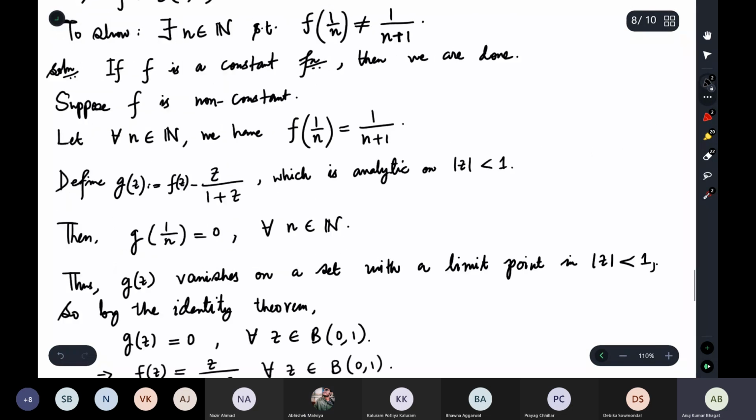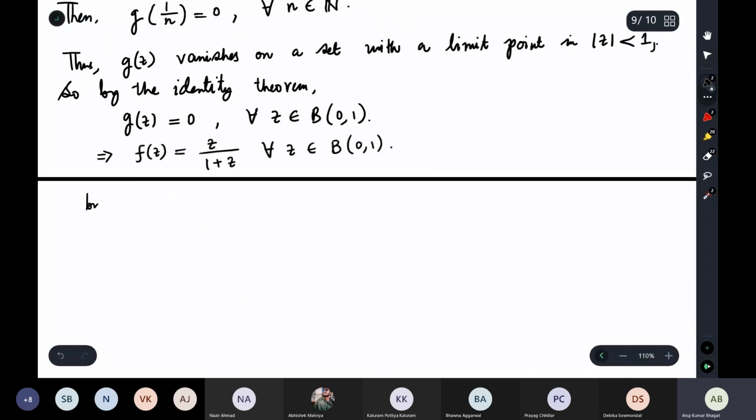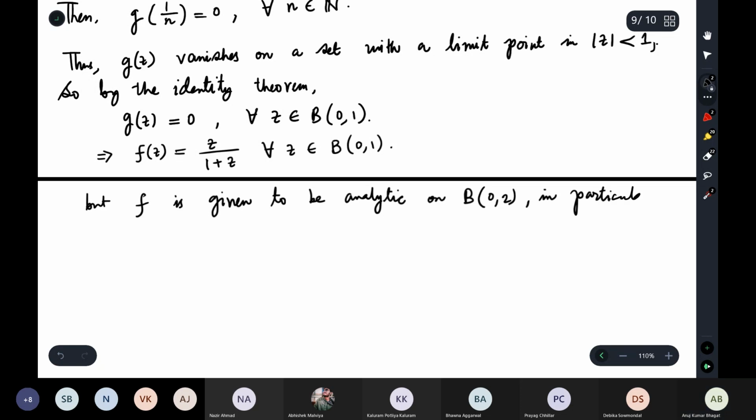But I know that f is analytic in whole of B02, but you note here, f is given to be analytic on B2, in particular at z equals to -1.